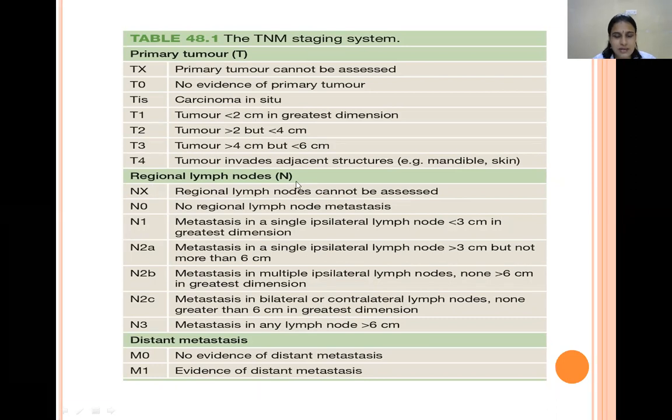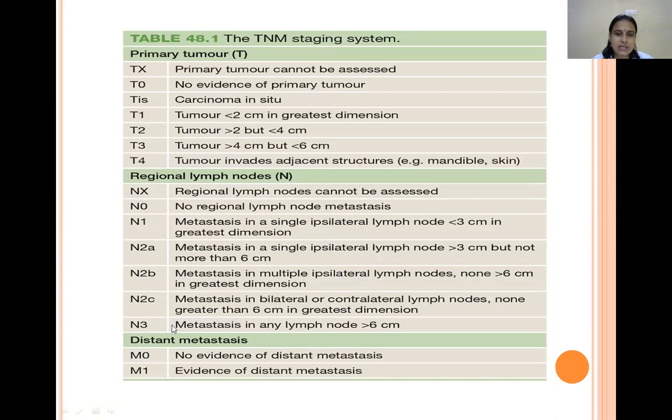Next, N of the TNM classification involves the regional lymph nodes. Metastasis on the same side less than 3 centimeters is N1. N2 is on the same side but 3 to 6 centimeters: 2A single, 2B multiple, 2C bilateral or on the opposite side, but the size of the lymph node is not more than 6 centimeters in N2.